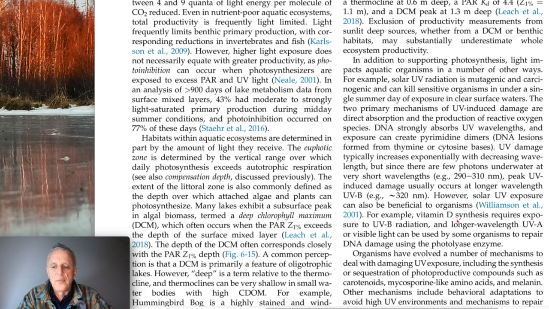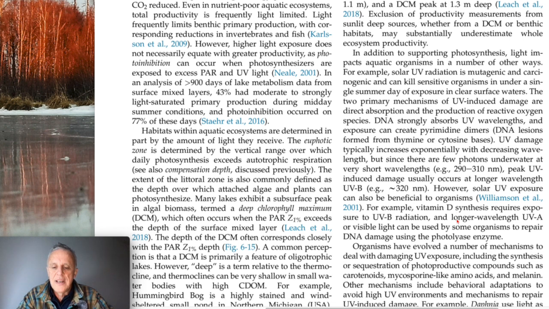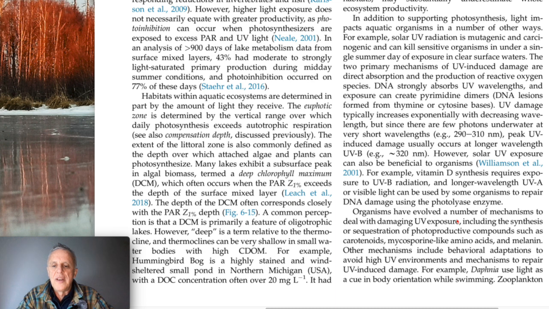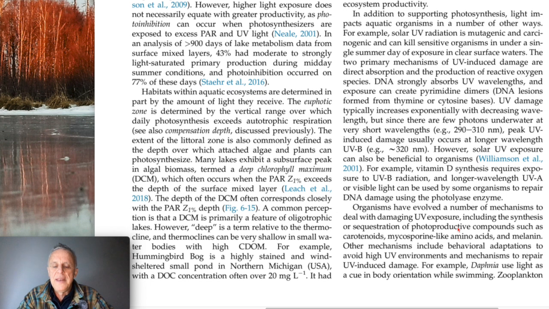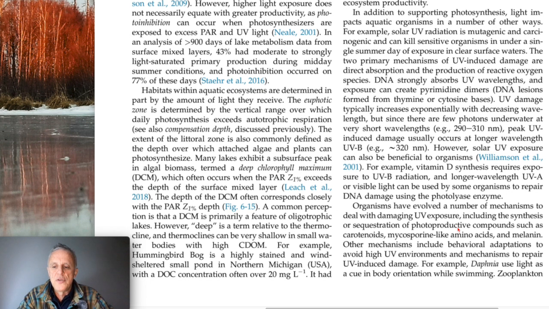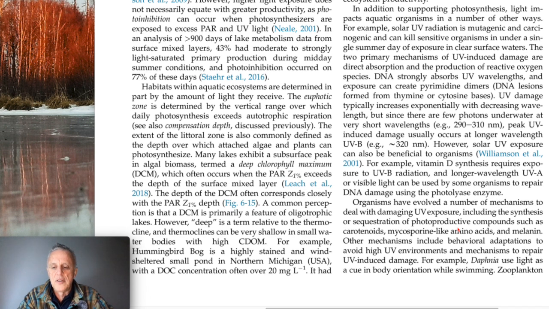DNA strongly absorbs UV wavelengths, and exposure can create pyrimidine dimers, DNA lesions formed from thymine or cytosine bases. UV damage typically increases exponentially with decreasing wavelength, but since there are few photons underwater at very short wavelengths, between 200 and 310 nanometers, peak UV-induced damage usually occurs at longer wavelengths, in the UVB to about 320 nanometers.